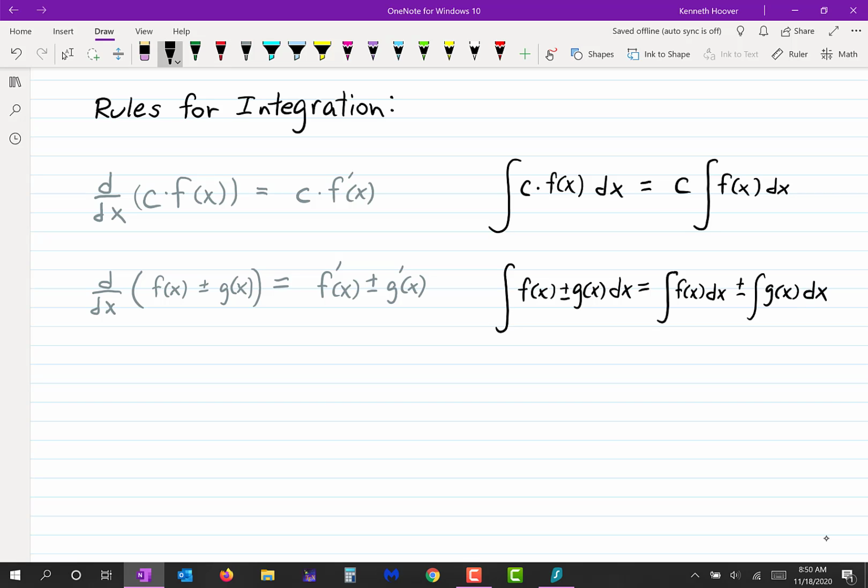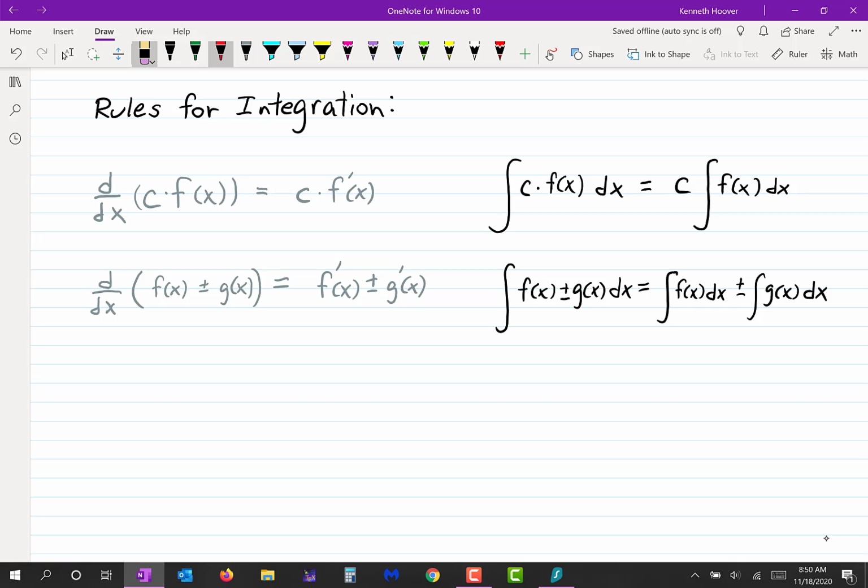Okay? I just want to point out to you, notice that every integral ends with a d and then the variable. Just like every sentence ends with a period. If you leave that off, that's called a differential. If you leave that off, then you don't have it written correctly, okay?